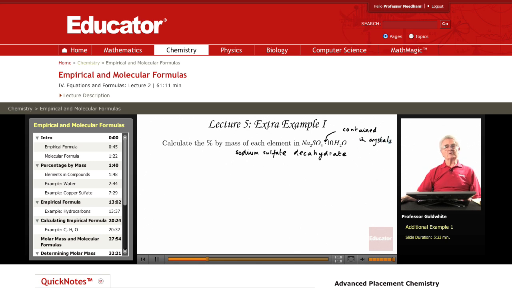Crystals of this compound contain 10 water molecules, and exactly 10 for every Na2SO4 unit present. So, let's look at the empirical formula of this material.